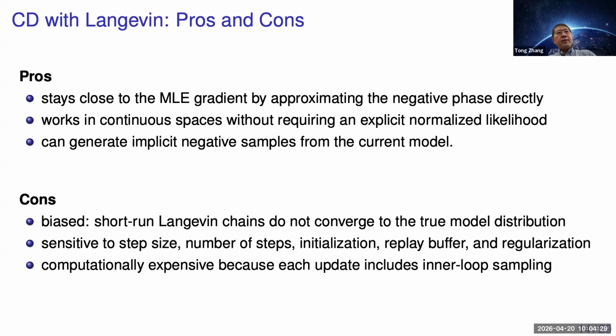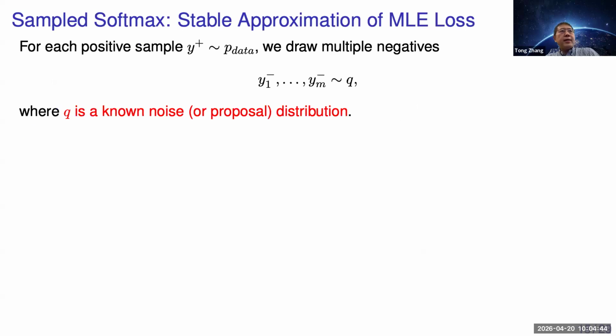But anyway, if you want to do maximum likelihood estimate, if you really say, oh, this is what I want to do, then CD is the method which is used. Now let's say, okay, are there other methods for maximum likelihood?